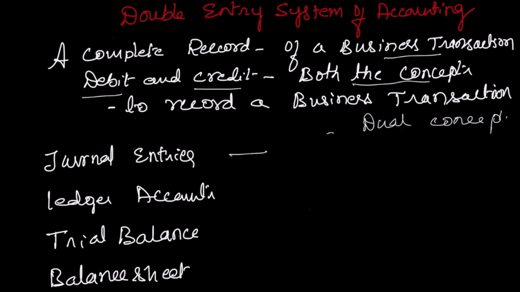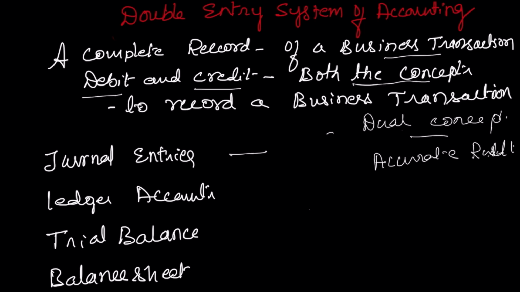One will be debit, another one will be credit. Both will be recorded in both the accounts, that's what we call dual, so that you are going to get an accurate business result. An accurate result is possible only when you follow the double entry system of accounting.